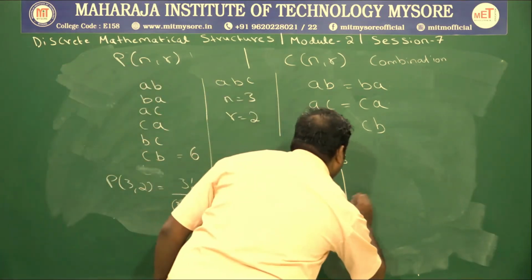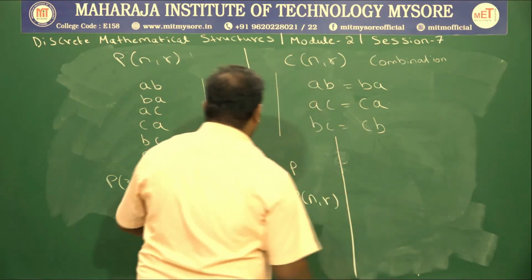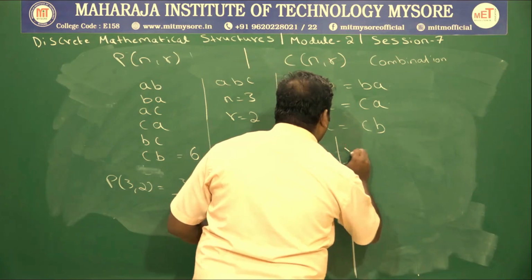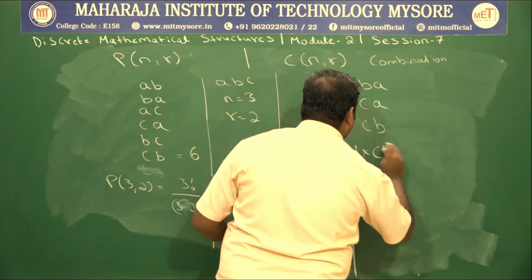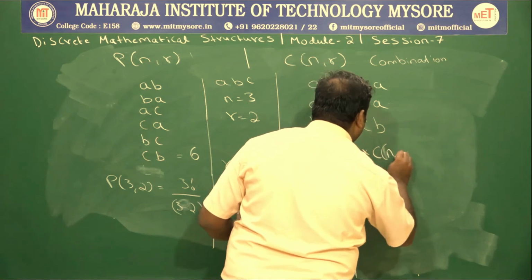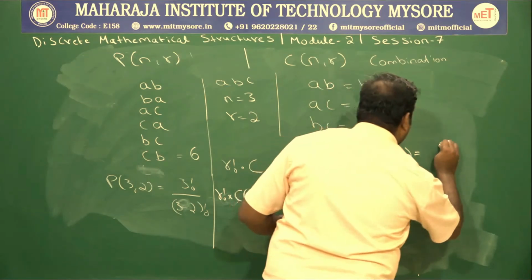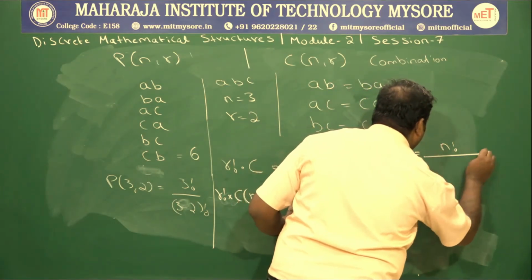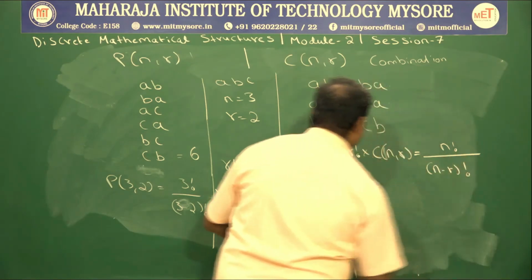And so let me put it over here. I am going to have this as R factorial into C of n comma r, equivalent to, I know what is P now, that is n factorial divided by n minus R factorial.